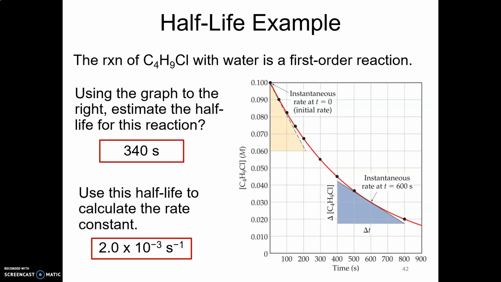And then think about what your unit is going to be. 0.693, that's just a unitless number, right? But you aren't just dividing by 340, you're dividing by 340 seconds. So your unit is an inverse second, okay? So 2.0 times 10 to the negative 3 inverse seconds is the correct answer here.